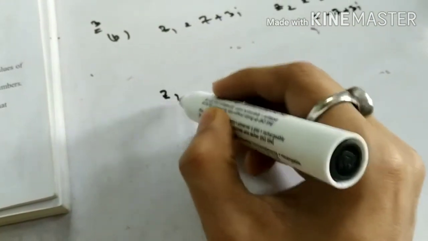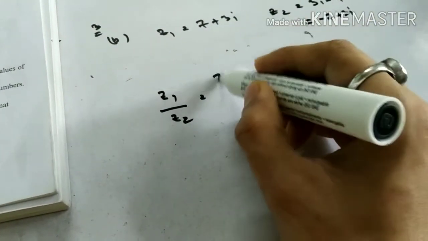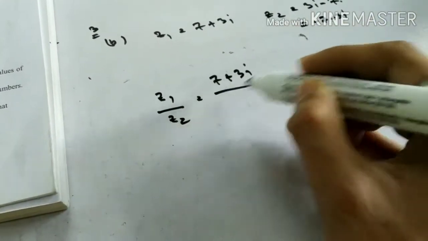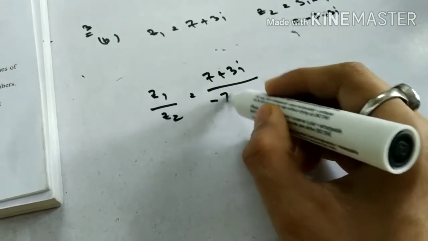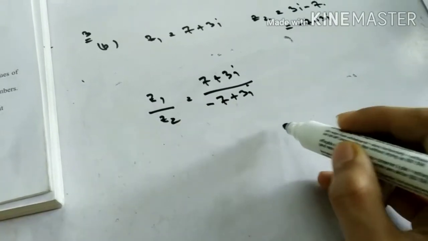Next again, z1 by z2 we will do. z1 by z2: 7 plus 3i over z2, which is minus 7 plus 3i.